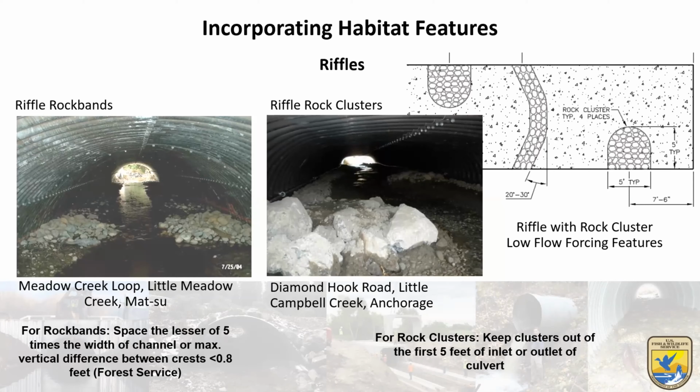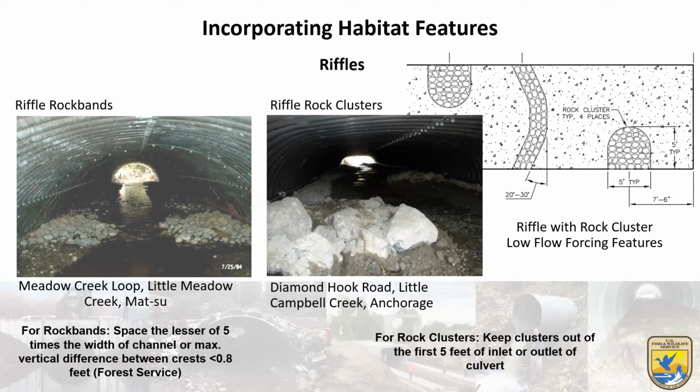And that rock band, there's I think three of those in that culvert, and it has a low dip in it. That's what helps keep that low flow moving through there and keep that channel stable in the low flow condition over time. In Diamond Hook, these are clusters, and you can even use rock bands with clusters. And this has a pretty significant low flow channel that is almost a foot high, and so these help maintain that over time.